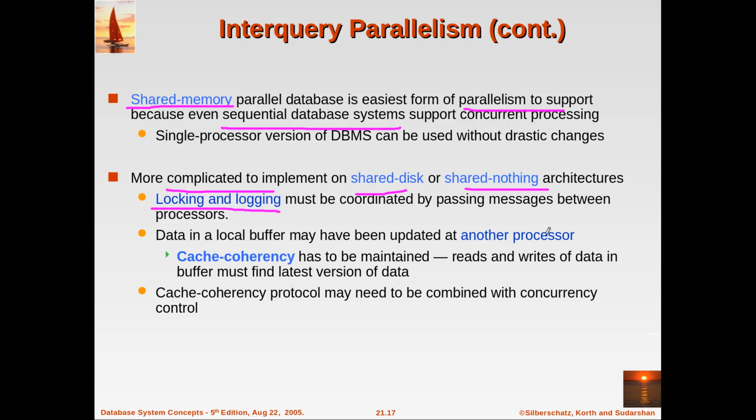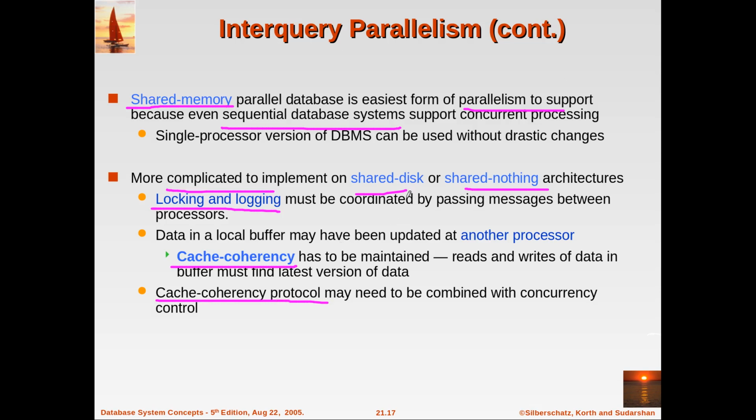Similarly, we need to maintain cache coherency. Every time, the local cache memory must contain the exact data, that is the updated data from the secondary disk database. So the system must use some better cache coherency protocol for maintaining the recent or updated data that must be utilized for the database operation.